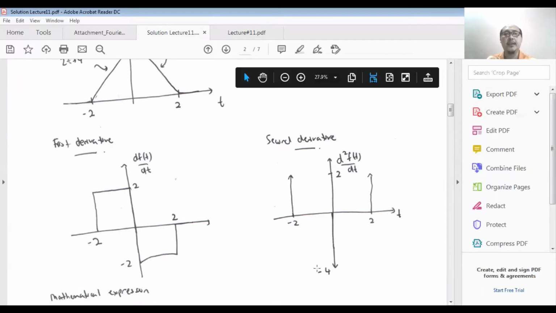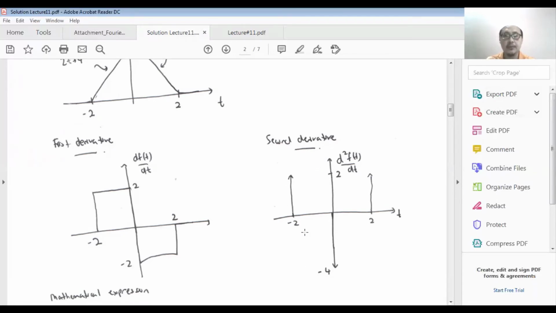So we get these results for the second order. If you still have problems understanding how we get this from the first order differentiation, you can just WhatsApp me for more information.